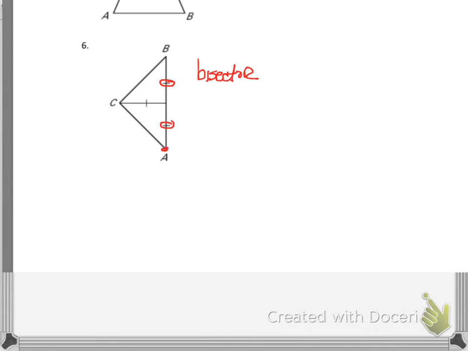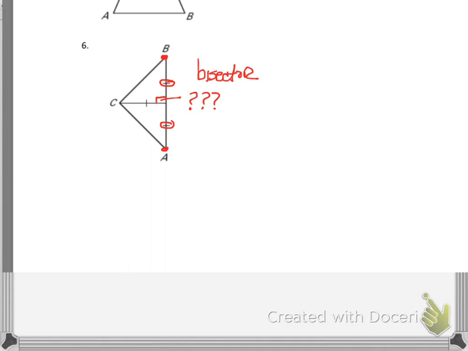So segment AB is bisected by this bisector that's coming down, but I don't have a right angle written there, so I can't assume it's there. So that's missing. What else is missing?